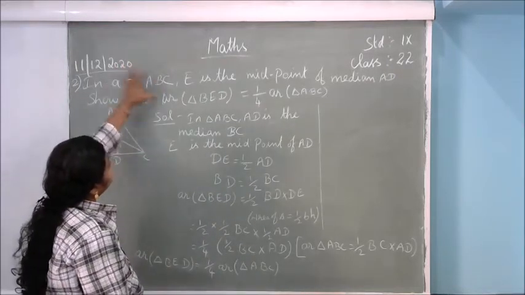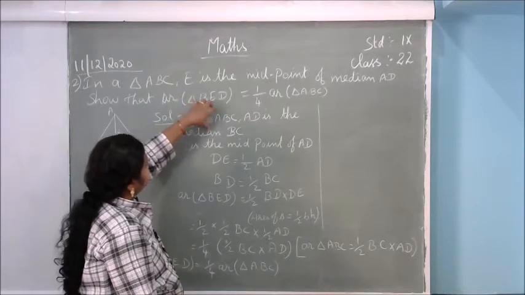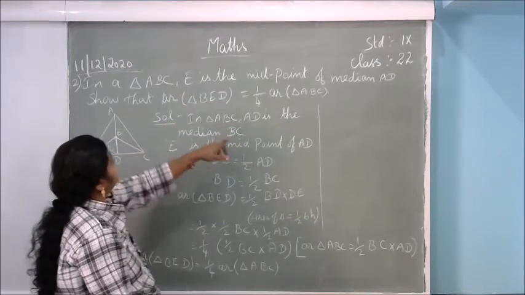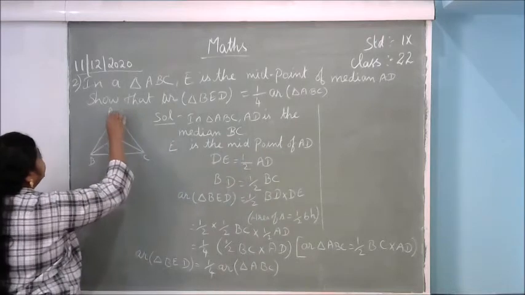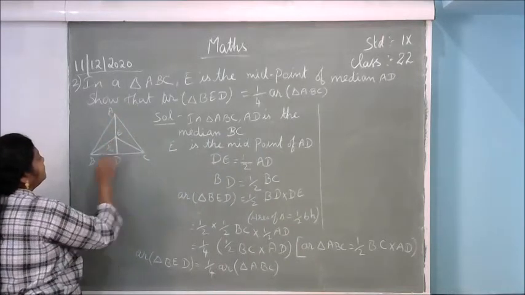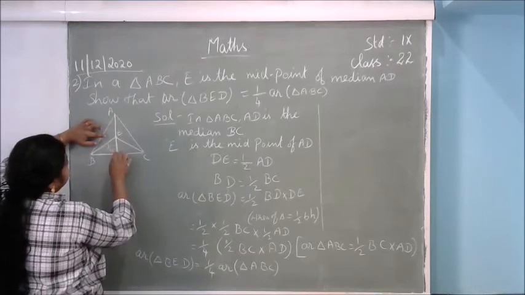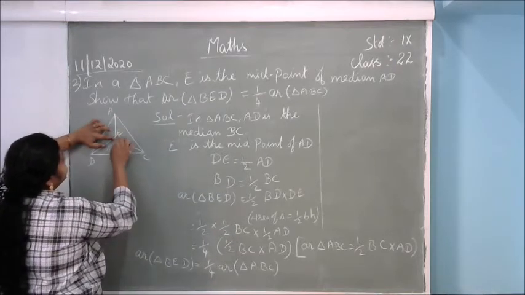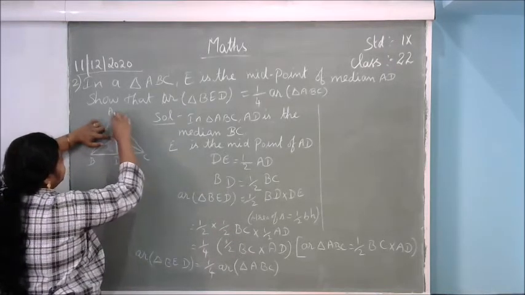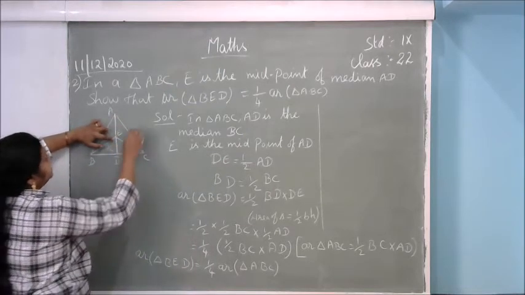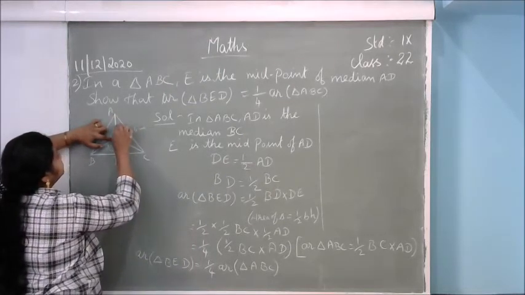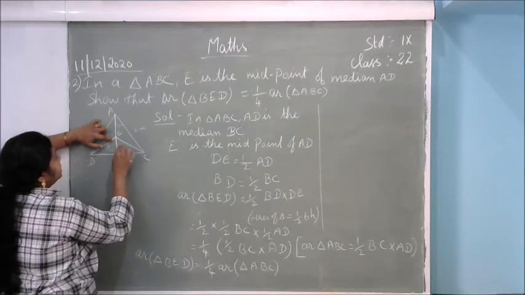Now, whatever is given, we will write. In a triangle ABC, AD is the median of BC. Then E is the midpoint of AD, means DE is equal to EA. Midpoint means this measurement and this measurement will be equal. Totally 6 centimeter means this will be 3 centimeter, this will be 3 centimeter.